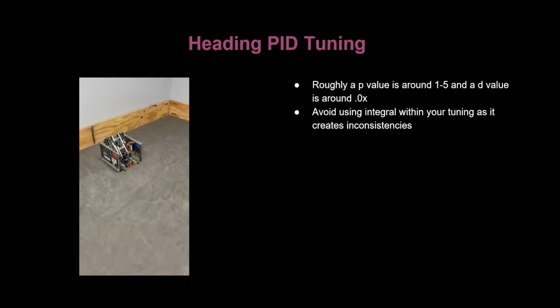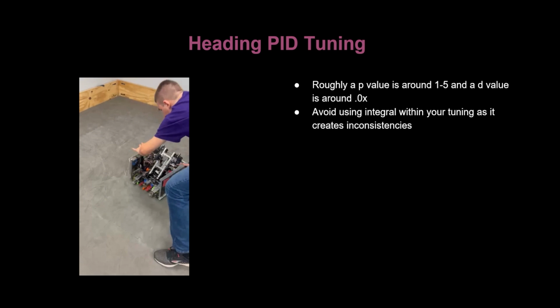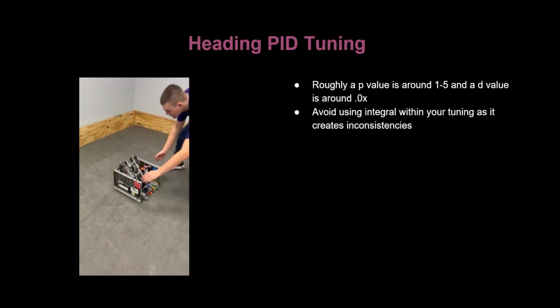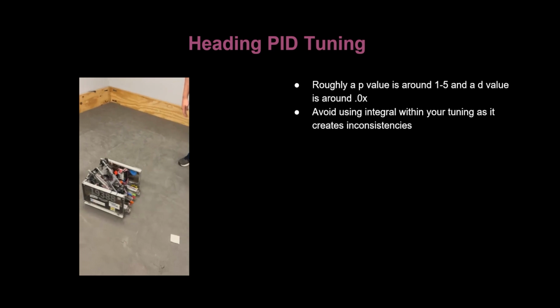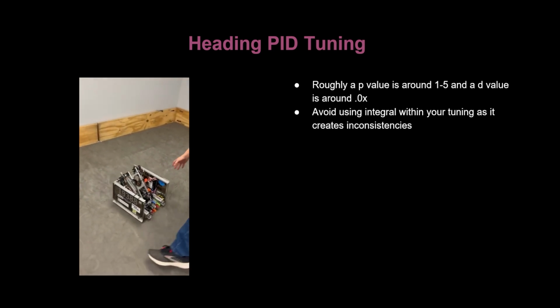For your heading PID tuning, you're going to have a P value of 1 to 5. For our large PID, we use 1, and for our small PID, we use 5, and our D value is around the same as our translational, where we see it in the hundredths value. Usually the numbers I found here were pretty consistent to the numbers we found at the beginning of our tuner.